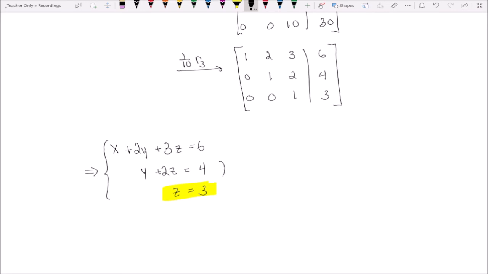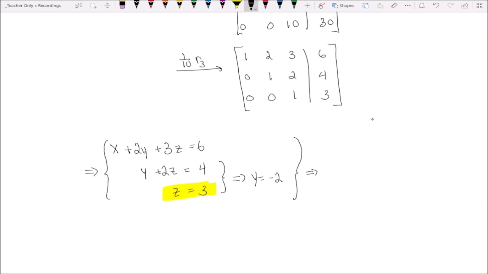So plugging z equals 3 into the second equation, we get y plus 6 is equal to 4, and so y has to be negative 2. Then plugging both z and y into the first equation, x minus 4 plus 9 has to be 6.